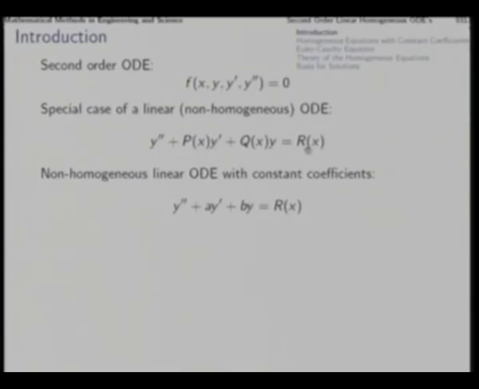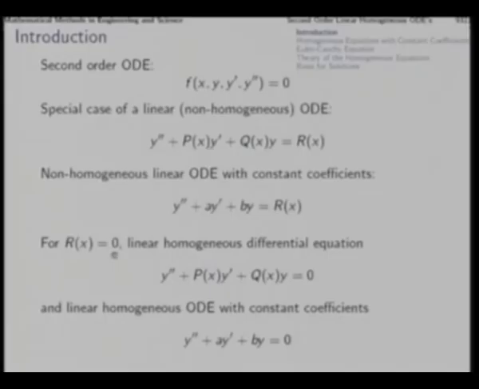Now, if this side is not there, then we will get a homogeneous equation. If R x is 0, then we get the linear homogeneous differential equation, which is this. Now, in this, a particular case appears when the coefficients of y double prime, y prime and y are constants. Then we get this differential equation, which is a special case of this, and we call it the linear ordinary differential equation with constant coefficients.